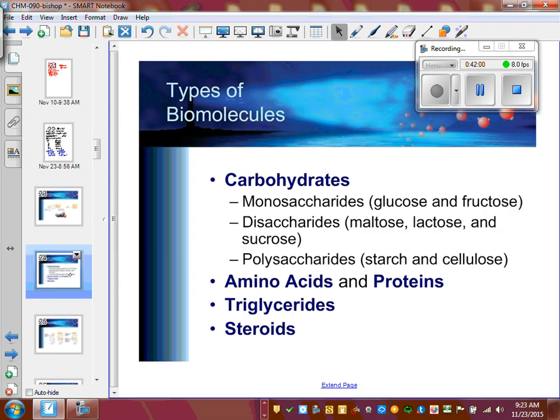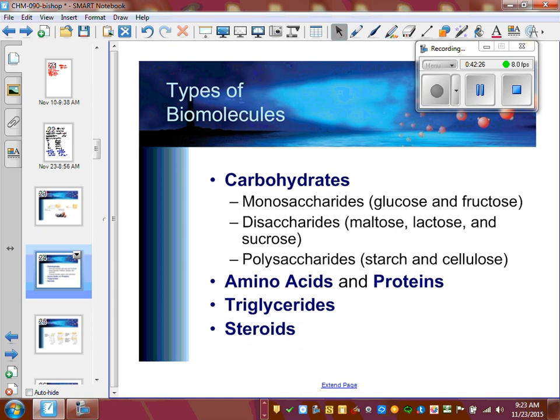All right. So when we talk about biomolecules, we're really talking about organic chemistry, but on a large-scale molecule. If you were to take Chem 132, or organic chemistry, and find out how you put organic molecules together, biomolecules are just the same, except we're using a large number of carbon atoms.